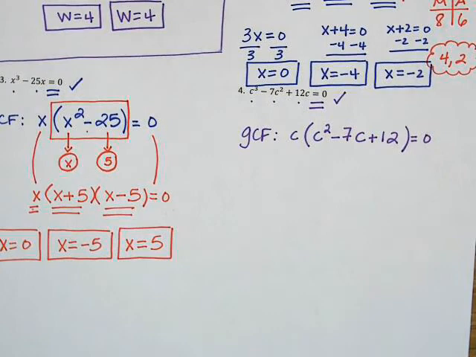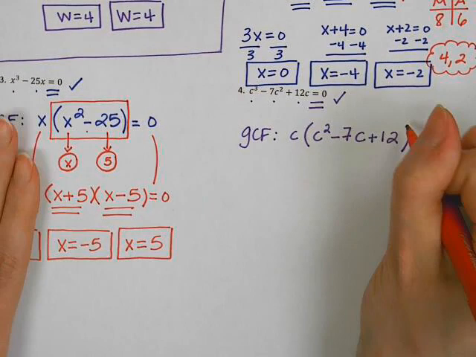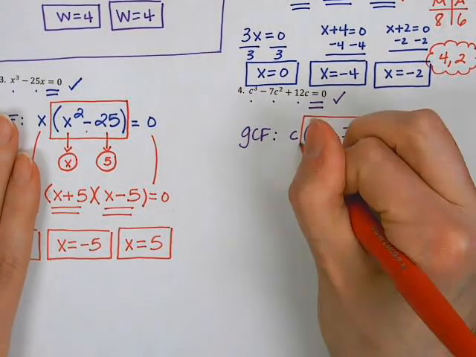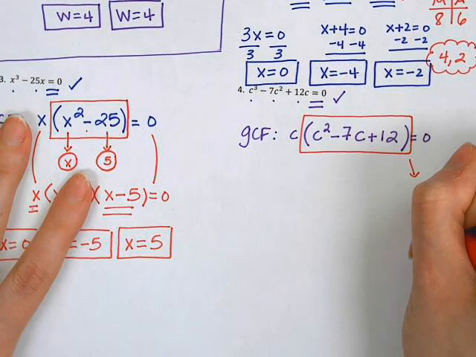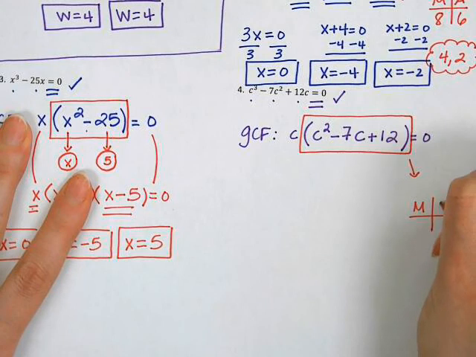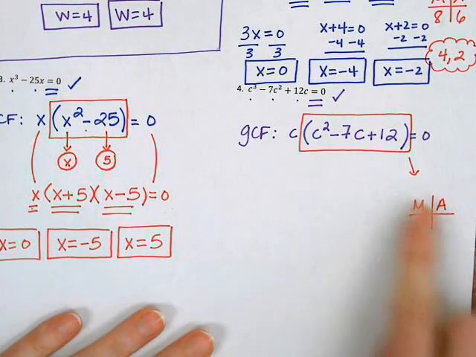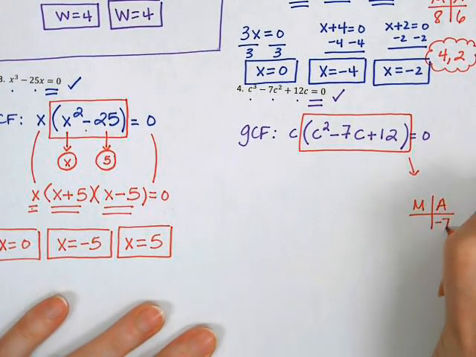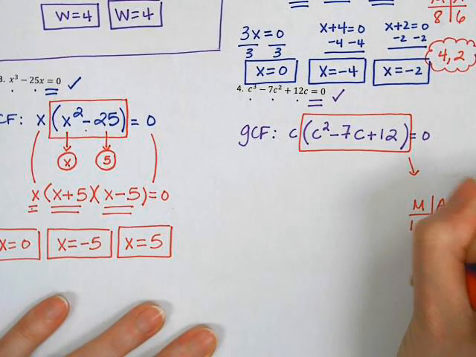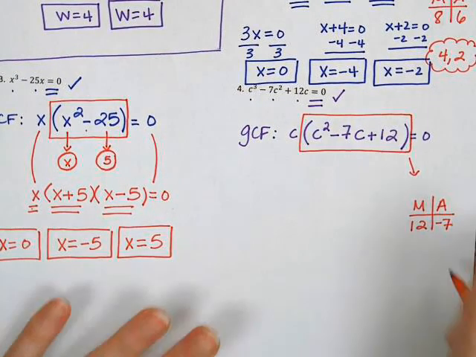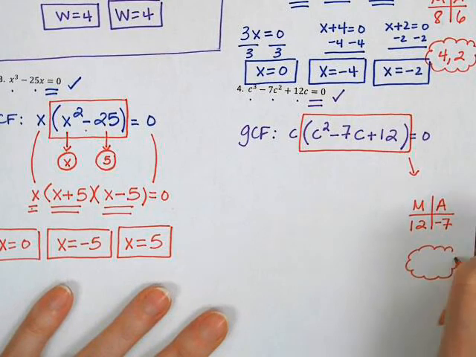Okay, we are back to a trinomial. So back to a trinomial means another multiply-add table. So let's do it. 2 numbers that add to the middle negative 7 multiply to the product of 12. Find those numbers.